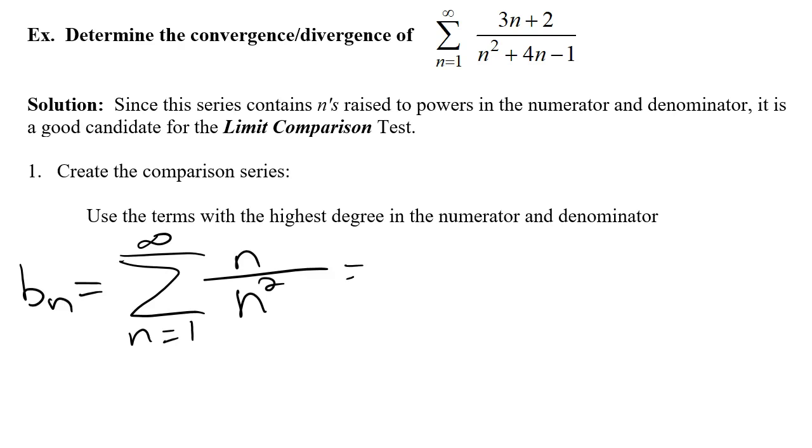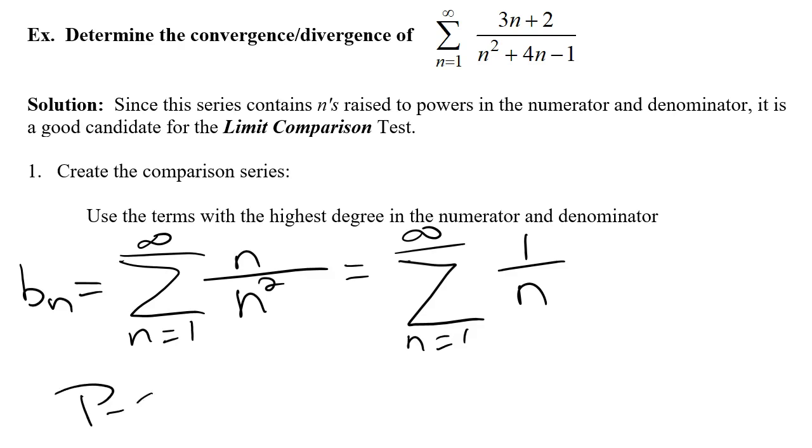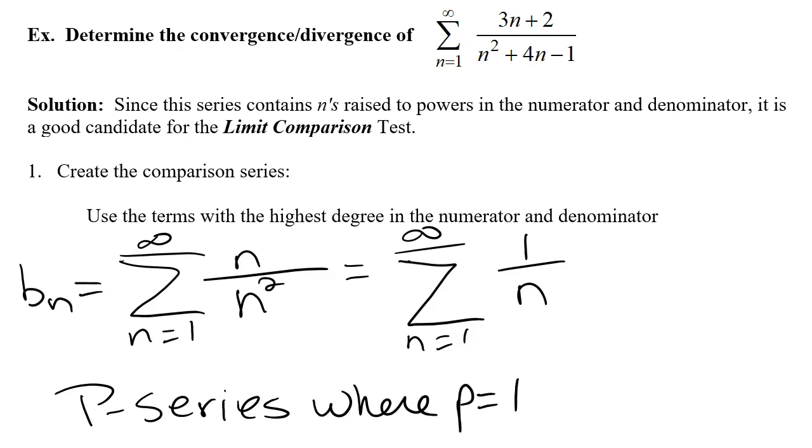We're going to simplify this so that we get 1 over n from n equals 1 to infinity. We know that this is a p-series where p equals 1, which means the series diverges. So our b sub n diverges.